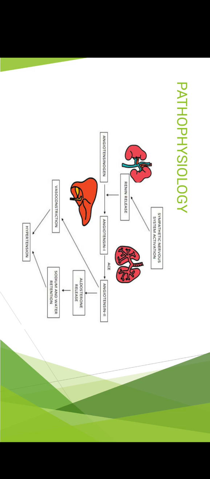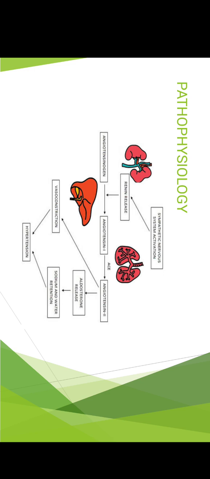Renin can be called a hormone or an enzyme protein. When renin is released into the blood, the angiotensinogen, which is already present in the blood and synthesized by the liver, gets cleaved by renin. So basically, renin converts angiotensinogen to angiotensin 1.